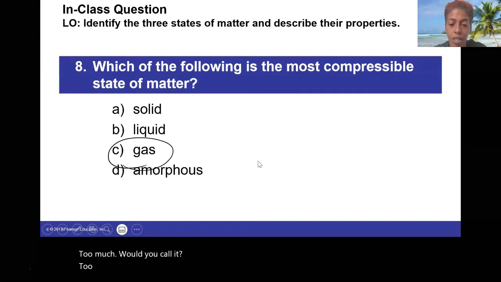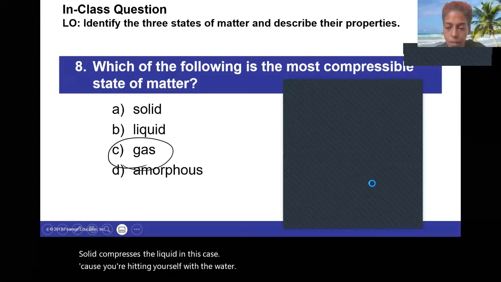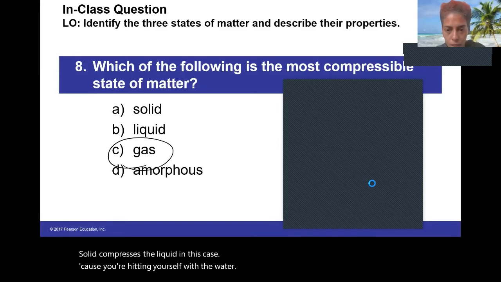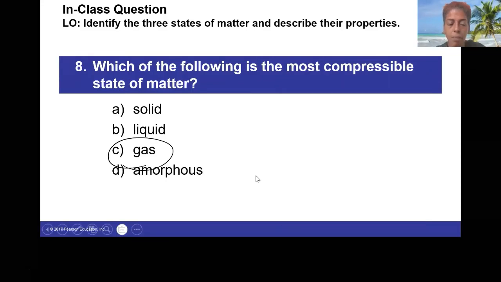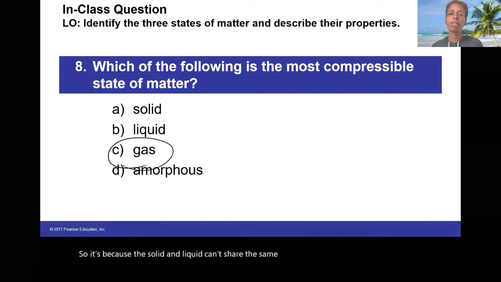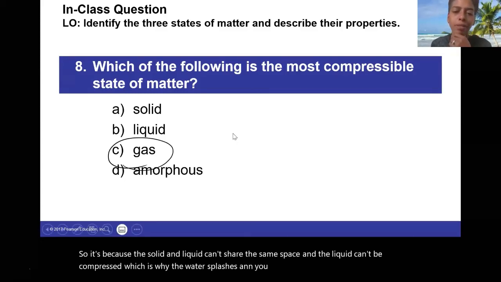So yeah, a solid compresses the liquid in this case, because you're hitting yourself with the water. It's because the solid and the liquid can't share the same space, and the liquid can't be compressed, which is why the water splashes and you actually end up hurting yourself.